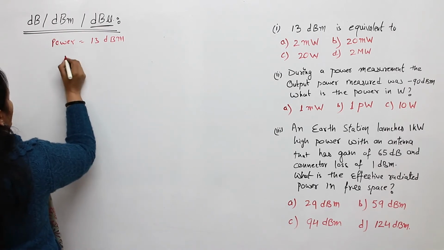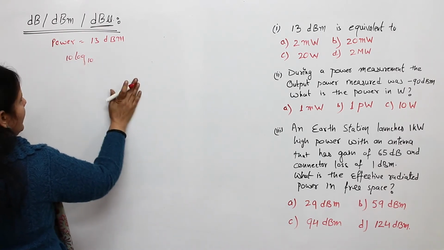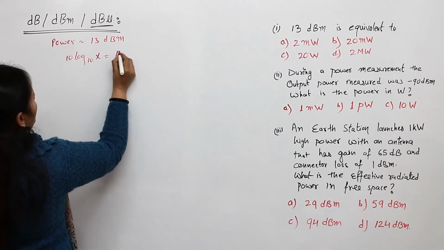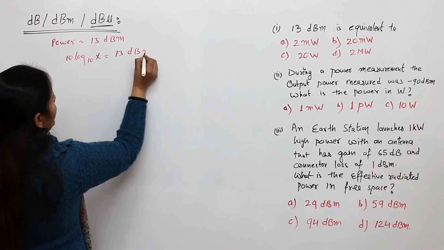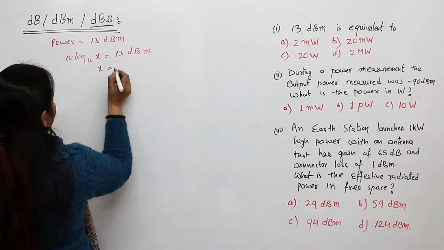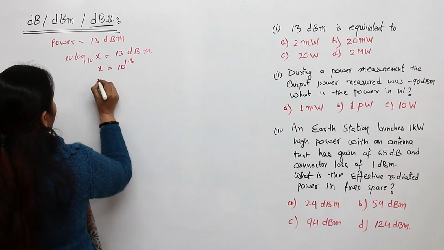You can write 10 log10 of x, where your power is x, equals 13 dBm. So x is 10 raised to the power 1.3.